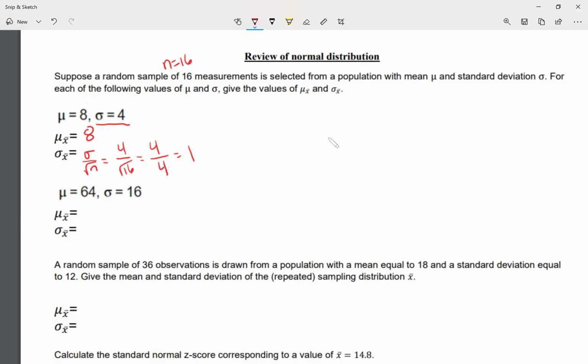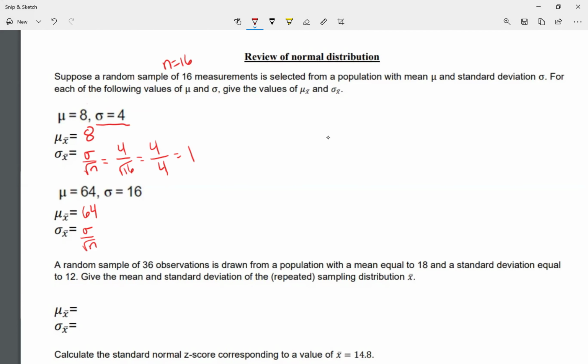The mean of my population is 64. So the mean of my sample will also be 64. Now the standard deviation of my sample, remember my formula. I'm going to do the standard deviation of the whole population divided by the square root of n. Remember, n is how big my sample is.